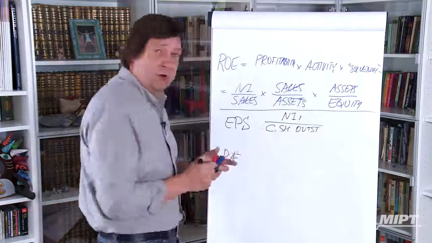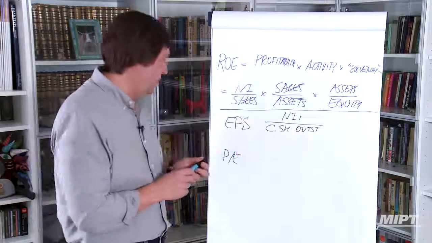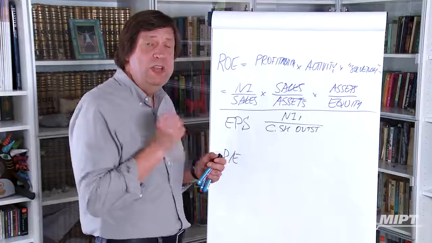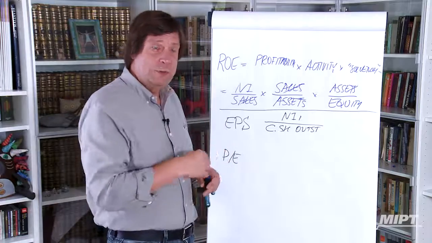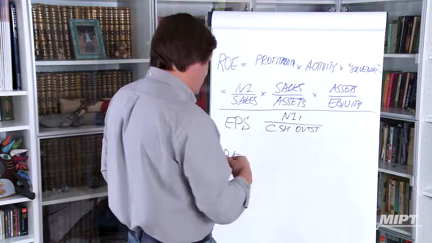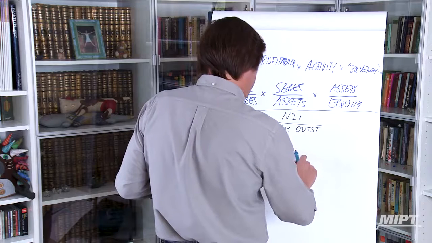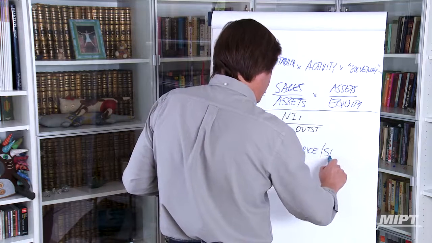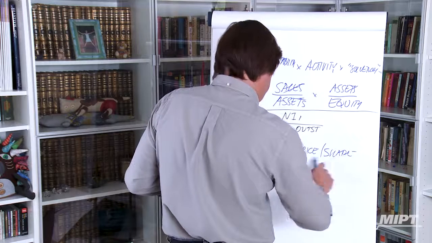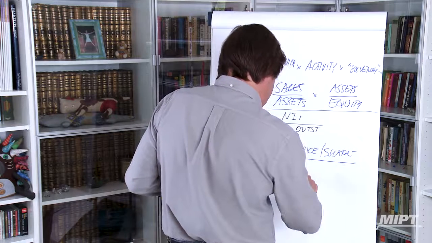So this is a number taken from financial statements. While the PE ratio deals not with book values, not with financial statements, but with the market value. And this is the market price per share divided by EPS.